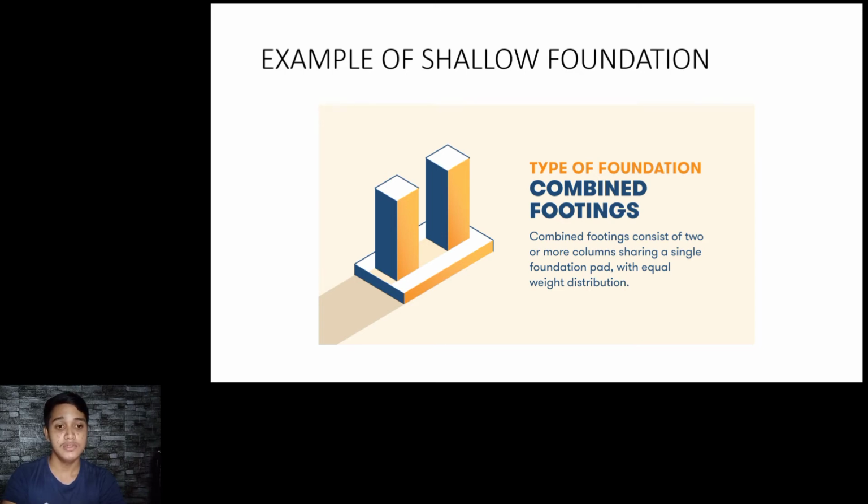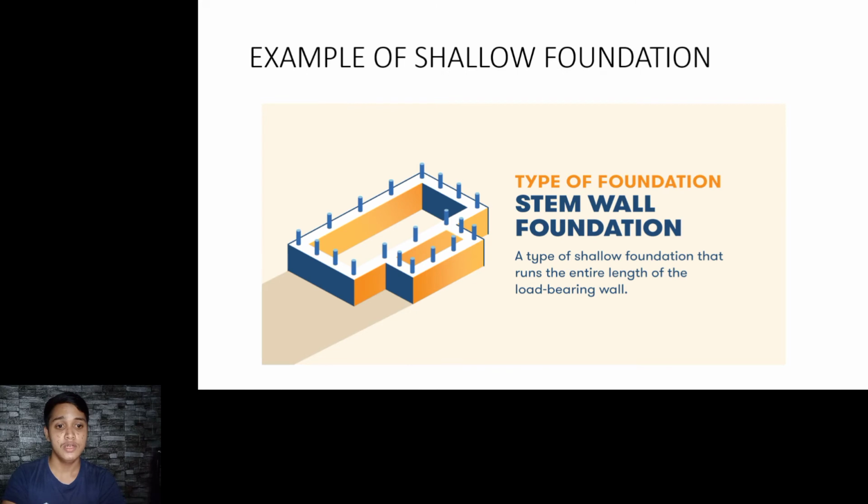And lastly is the stem wall foundation, a type of shallow foundation that runs the entire length of the load-bearing wall. In that case, the stem walls transmit the load from the house to the footing, and then it is distributed over a larger area, which then protects the building itself.